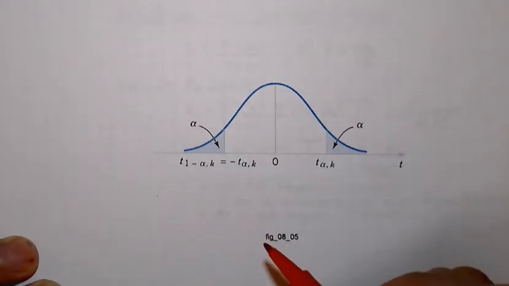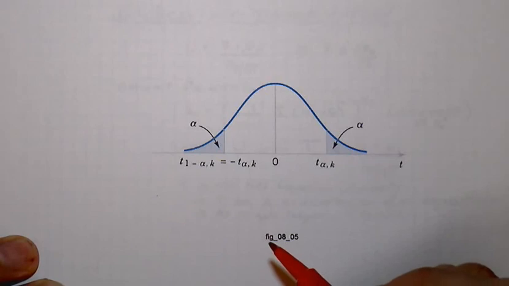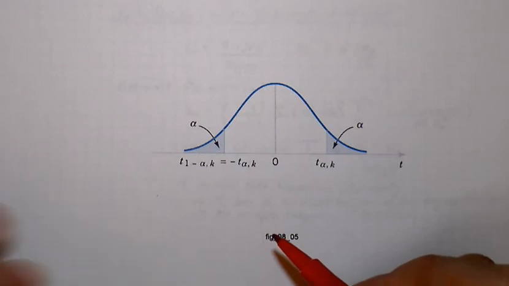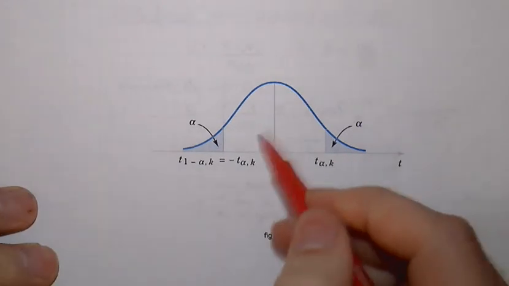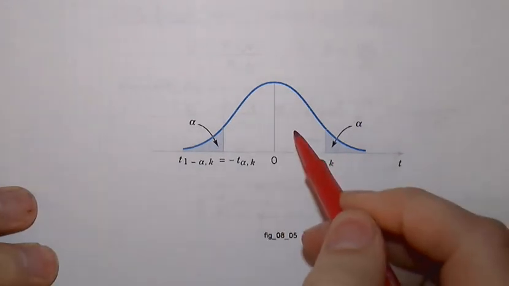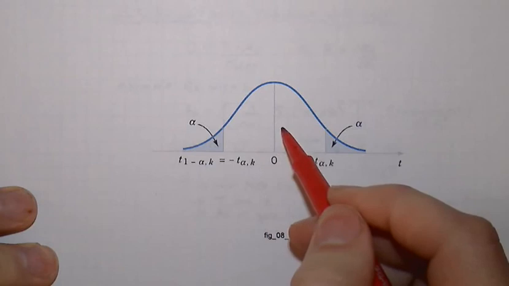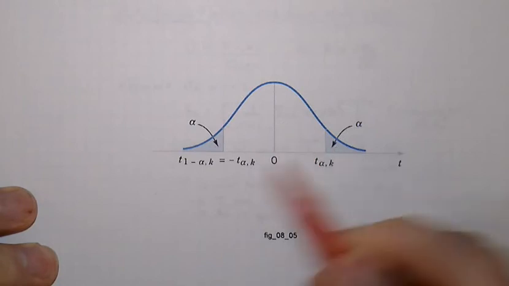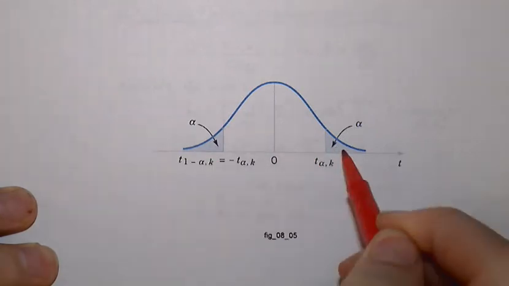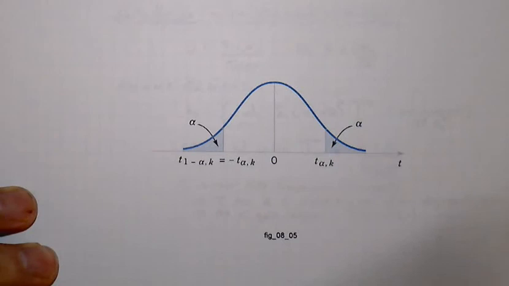If someone tells me you want to go construct the 95% two-sided confidence interval, I say, aha, two-sided. That means the central body of the area is 95%. And so 1 minus that is going to be 5%. And then I'm going to divide that up into two equal areas, typically. So I just try to think about it physically rather than keep track of all the symbols.